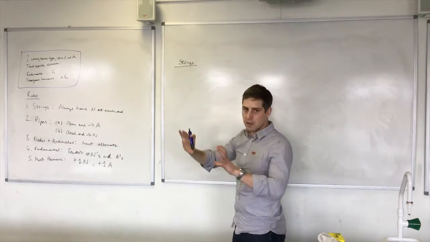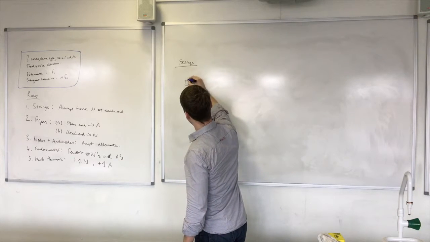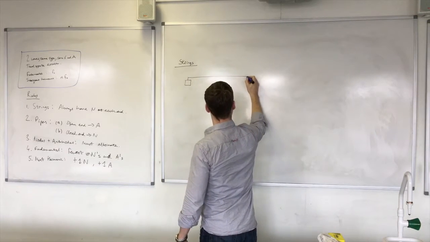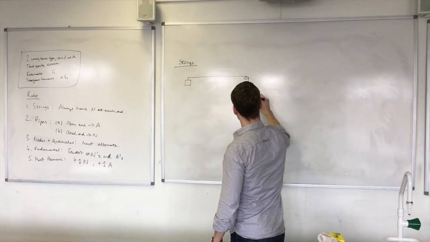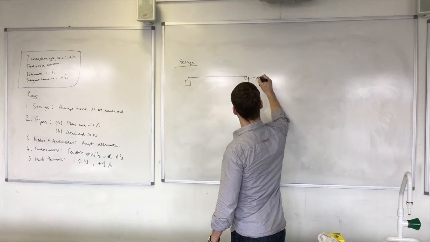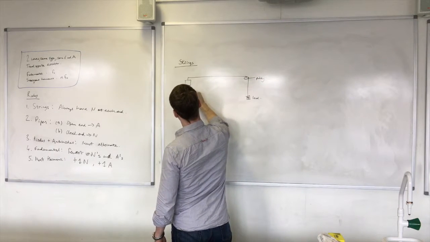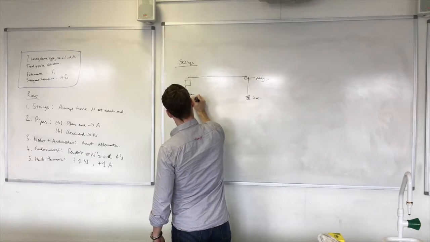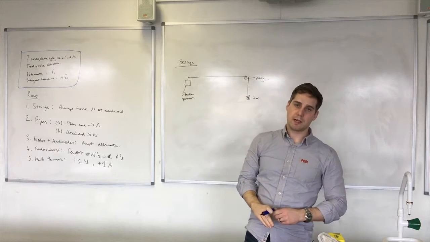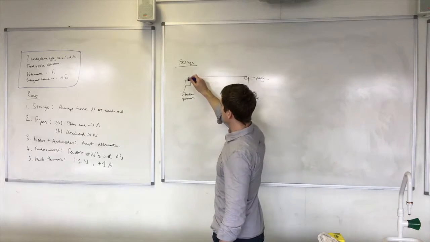With our setup here, we have vibration generator, string, pulley, and a load. That vibration generator would be connected to a signal generator to give you a constant frequency input to this.